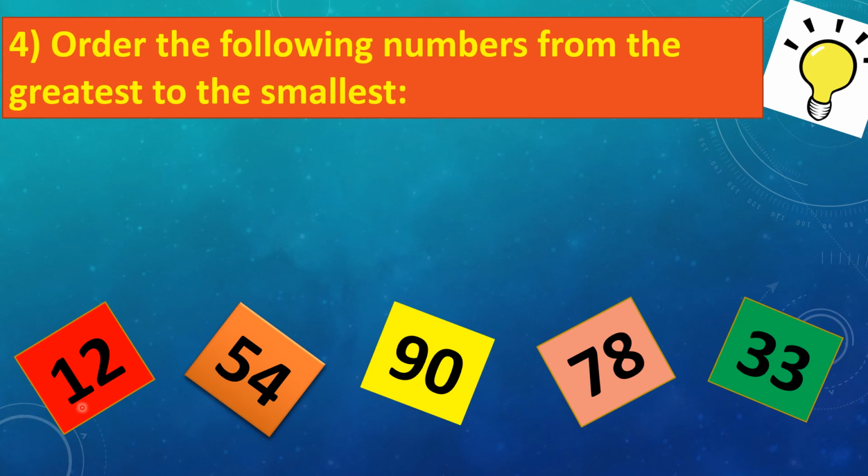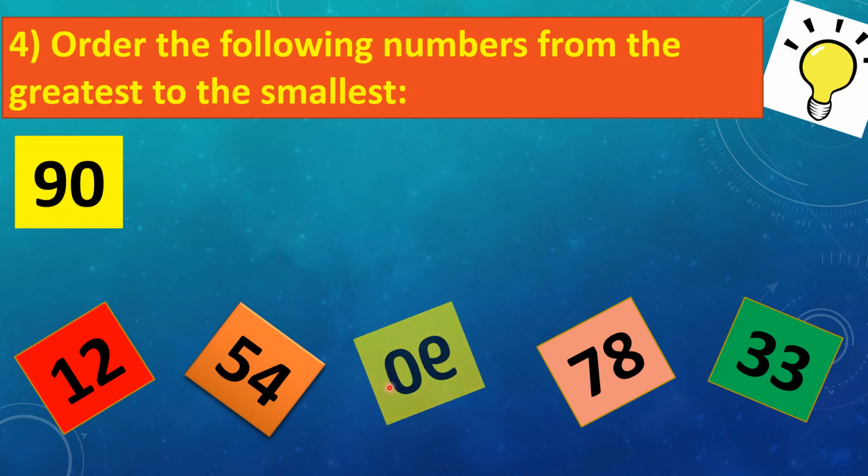The greatest number is 9. So we start with 90. Now we have 1, 5, 7, and 3. The greatest number is 7.